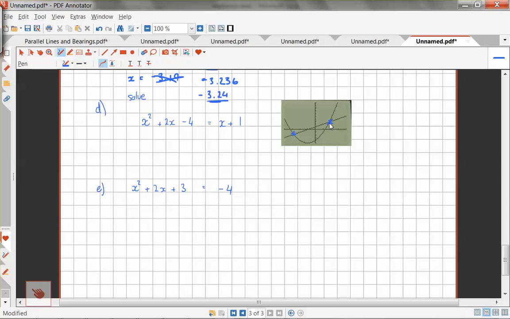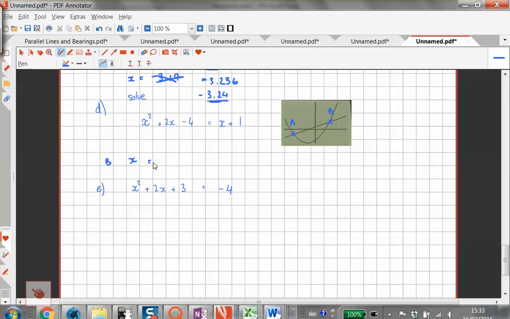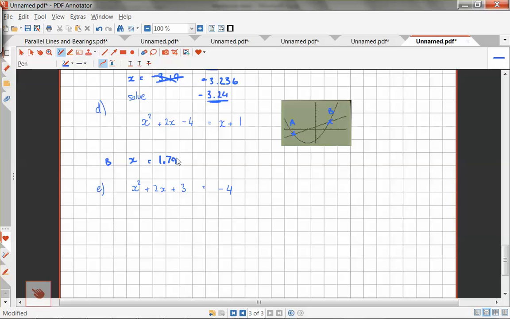Is that what you did? Which one did you find, A or B? B, so x equals what for B? I think it's 1.79. Looks like it could be, definitely. What about A? Probably minus 2.